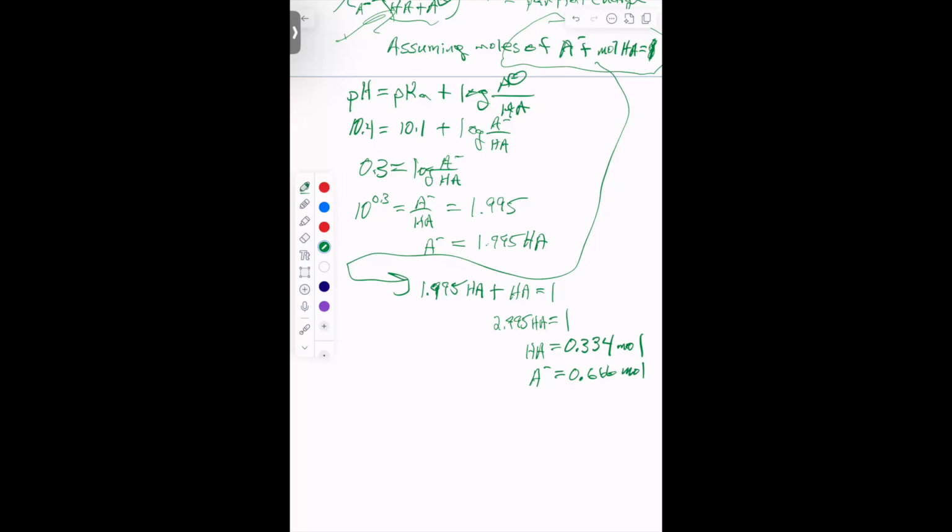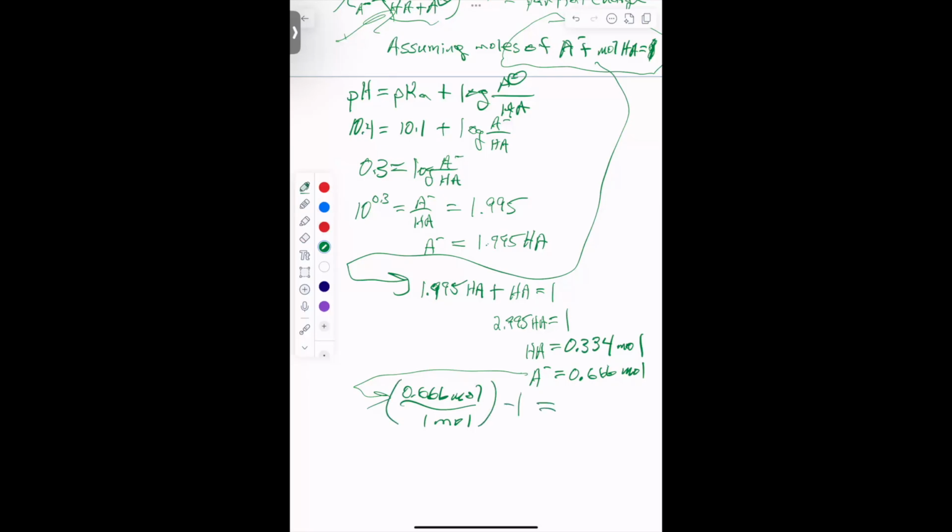So now I got these, and I can go back and calculate the mole fraction. I know what A minus is, and since I know the total is just 1 mole, because that's my assumption, then I have 0.666 moles over 1 mole. So that cancels out moles, times minus 1.